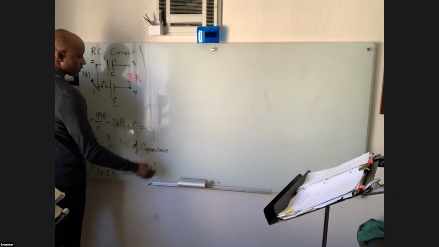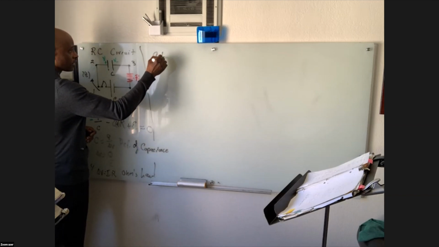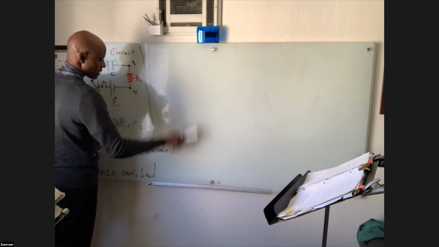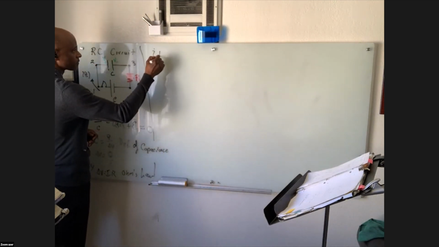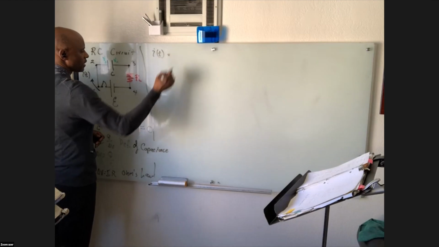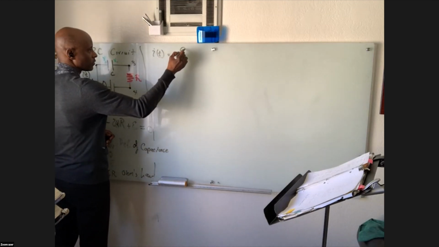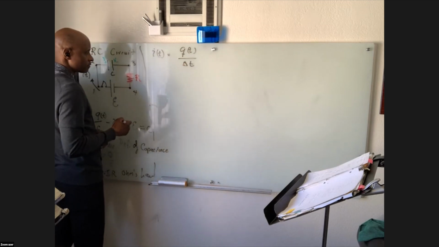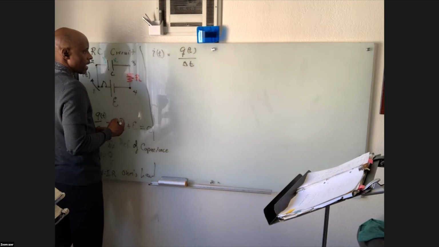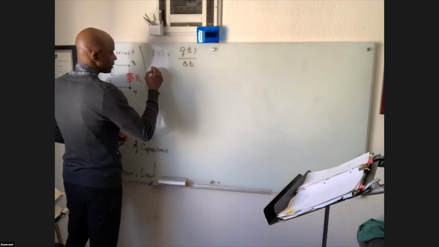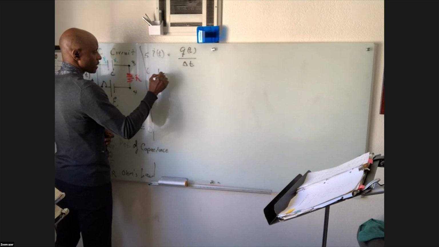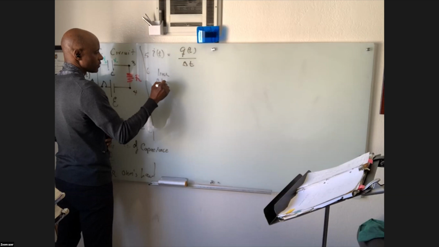Current I of t is defined as charge per unit time, so Q of t over delta t, and of course in the limit as delta t goes to 0.